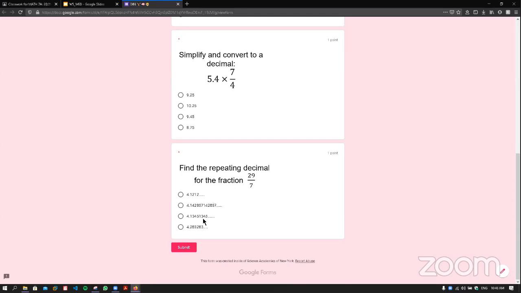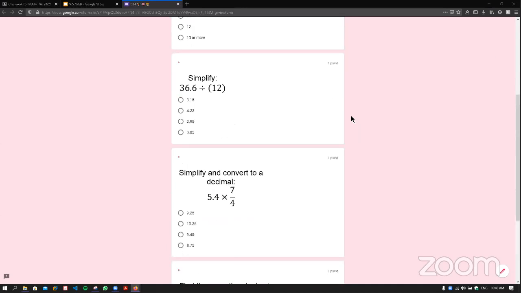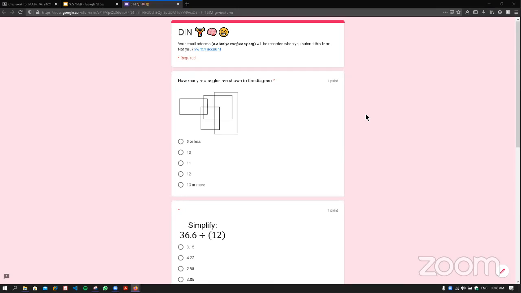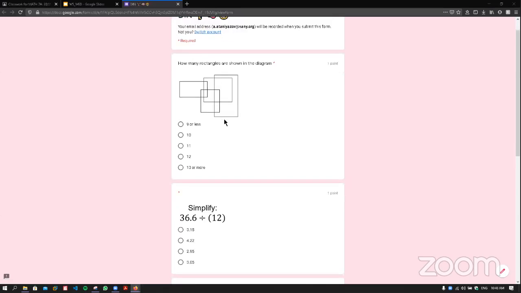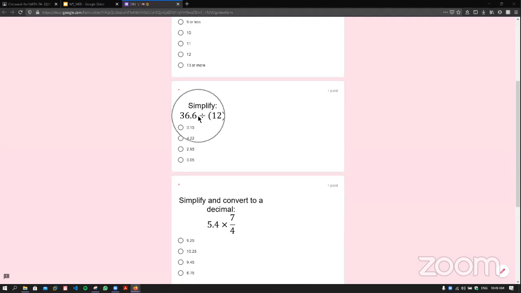Okay. So take your 2 minutes. 2 minutes and counting. You guys have 2 minutes. Try your best on these do now questions for multiplying and dividing numbers.